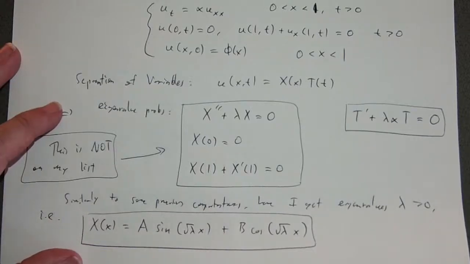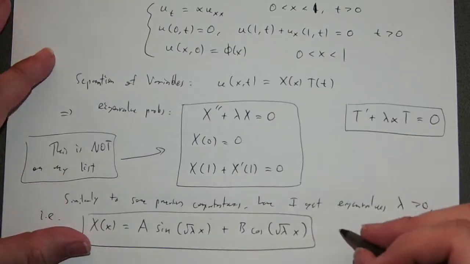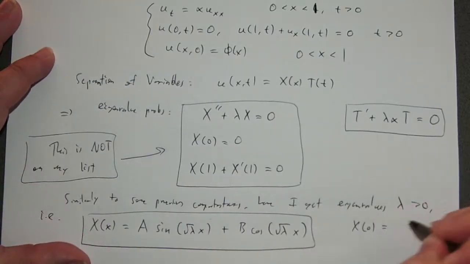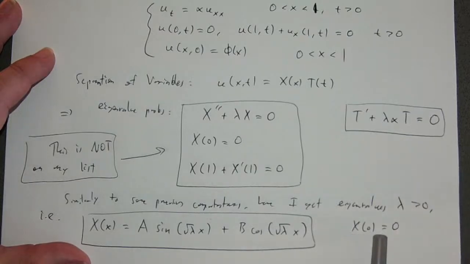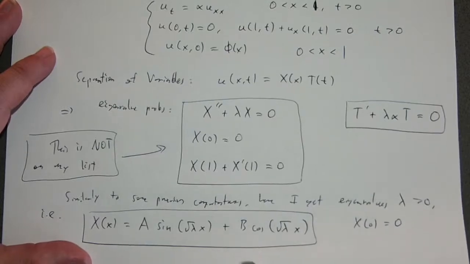Now I want to impose these boundary conditions. Well, if X of 0 is 0, then when I plug in 0 here, I get a times sine 0, so a times 0, that's 0, plus b times cosine 0. B times cosine 0 is just b, since cosine 0 is 1.